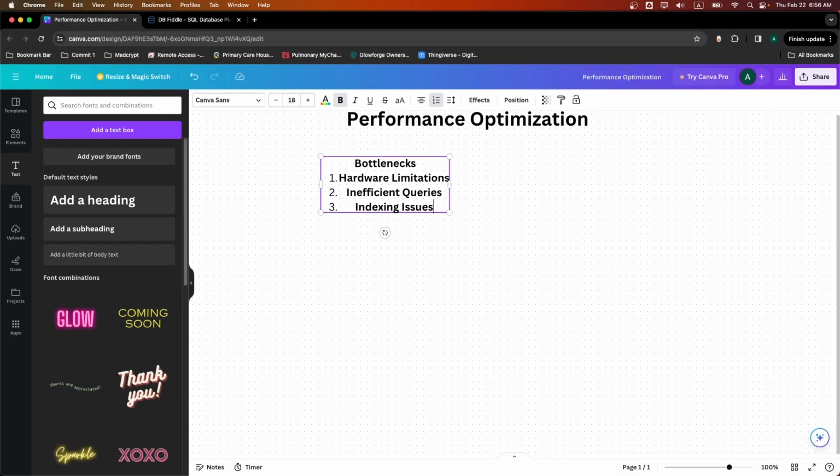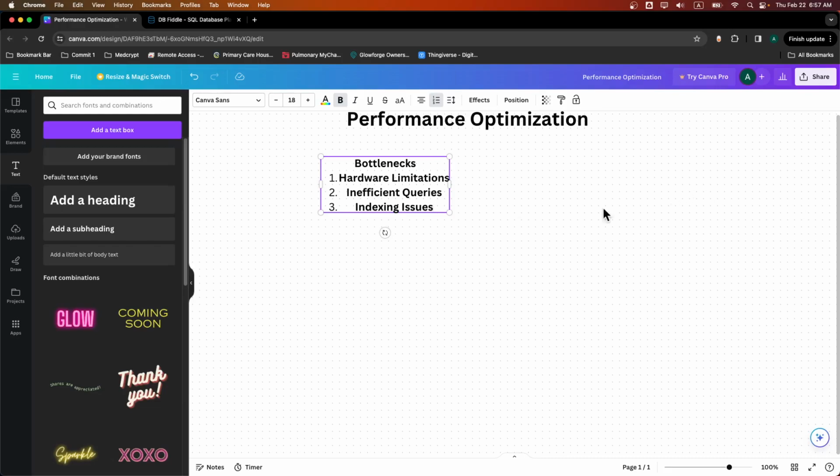Another one could be outdated or inefficient indexes. So you have the indexes, but they don't provide the necessary shortcuts to fast data retrieval. That's definitely going to be another thing.